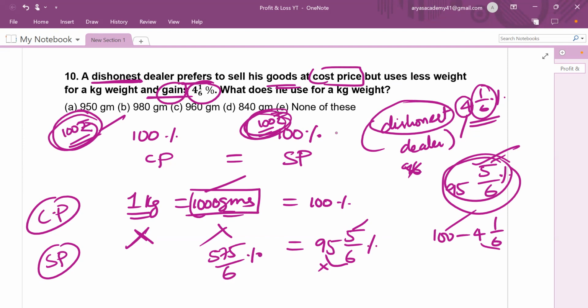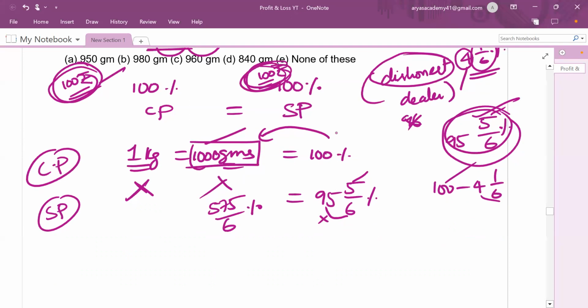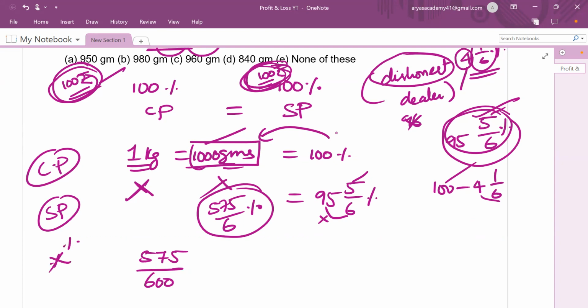Okay. So if 100% is 1000 grams, what is 575 by 6%? Percent means divided by 100. So 575 by 6% means nothing but 575 by 600. I have removed the percentage symbol, which is equal to 1 by 100. 575 by 600 of what?